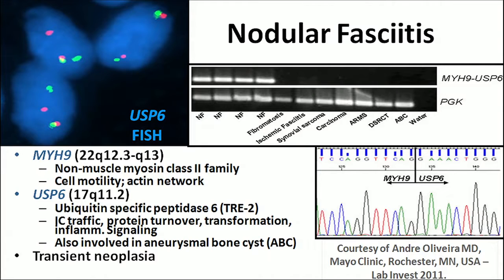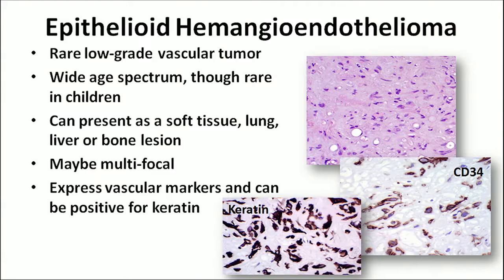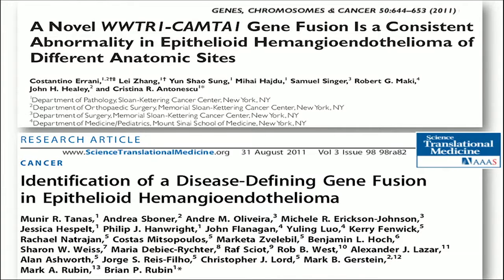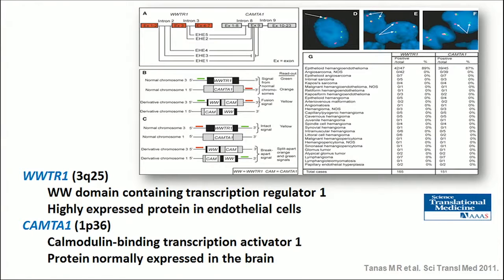Really interesting biology there. Epithelioid hemangioendothelioma is not as commonly seen in the skin, but can be seen in superficial biopsies sometimes when it involves the soft tissues, and it also has a translocation now, which can be helpful diagnostically. This is the WWTR1-CAMTA1 gene fusion, and here are some of the details about the fusion.